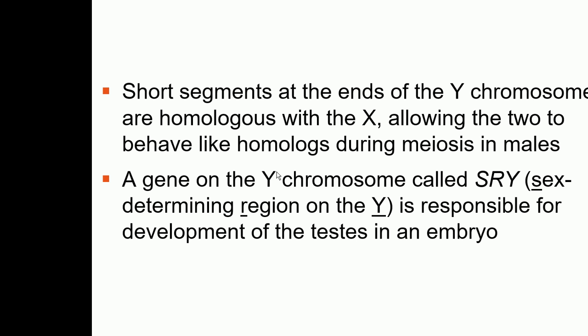A gene on the Y chromosome called SRY, sex determining region on the Y chromosome, is responsible for the determination of the testes in the embryo. So this gene is responsible for the sex determination in the males.